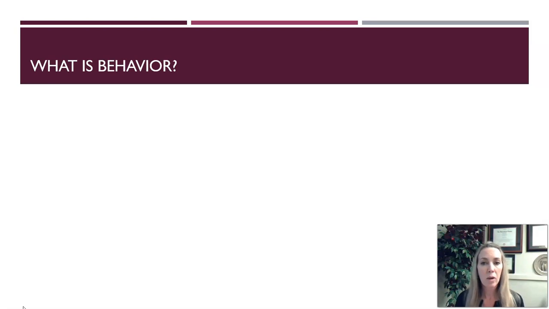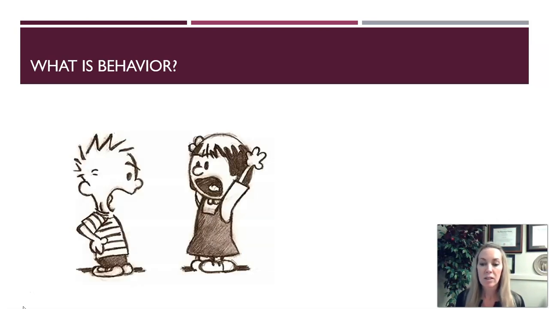Now, I want to talk about another piece of behavior. Not only should it be defined so that everyone knows when the behavior is occurring and can observe it and measure it in the same way, but we also need to think about behavior in that a feeling is not observable. While following a teacher's direction is observable, behavior does not refer to inner states of the individual, such as aggressiveness or emotional disturbances. Those are not observable behaviors. Covert feelings or states are not observable.